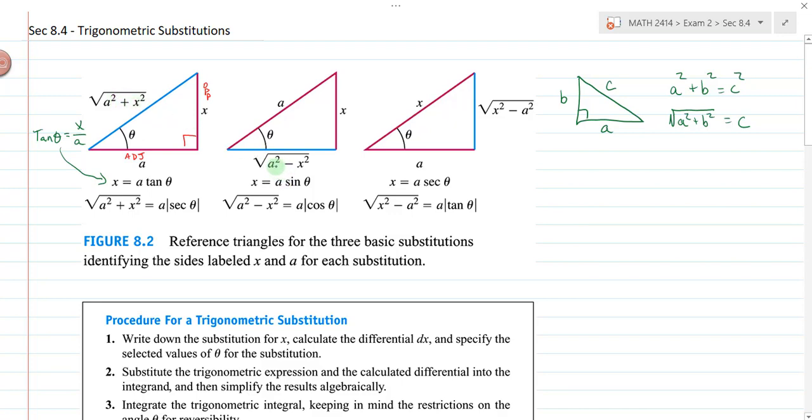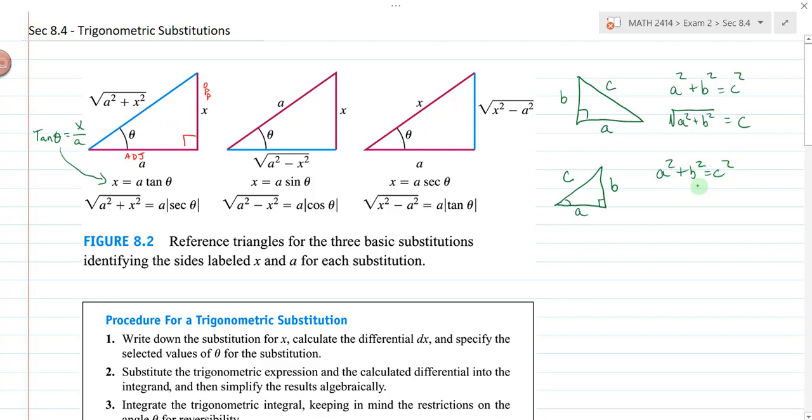What if we have the difference of two squares, like in this triangle right here? Well, if I have the difference of two squares, whatever's listed first in the subtraction is going to be the hypotenuse. So if I had a, b, and c, and I wanted to solve this equation for a, I would start with the Pythagorean theorem, a squared plus b squared is equal to c squared.